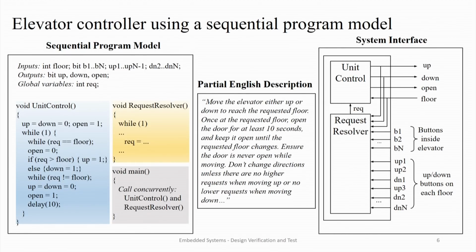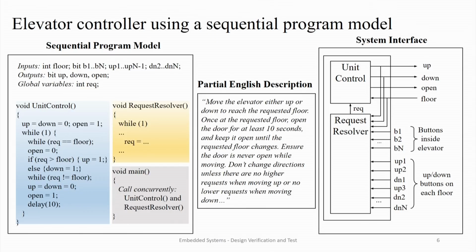Now this English language specification should be transformed through a model into a more concrete specification. And as we said, we have various modeling strategies. One such is the sequential program model.